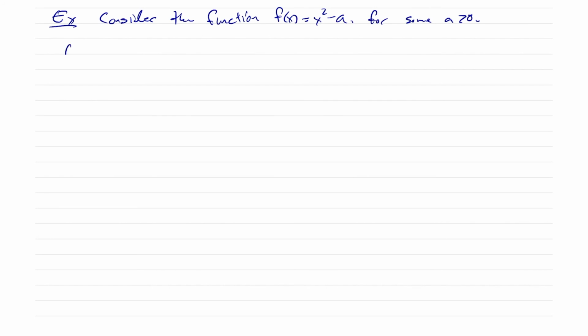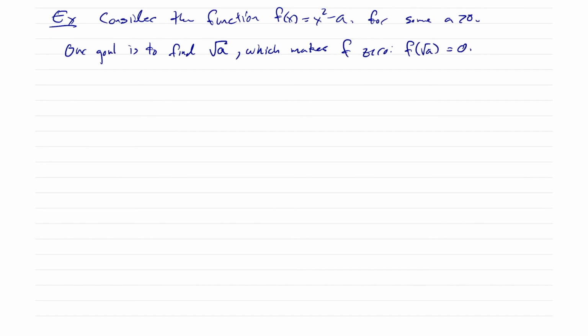So our goal is to find the square root of a, which makes f 0. Right, so f of root of a is equal to root of a squared minus a, and so that's 0.